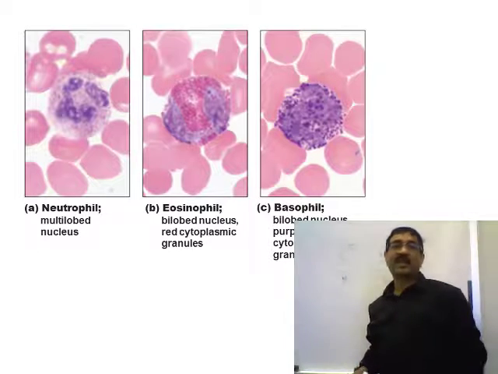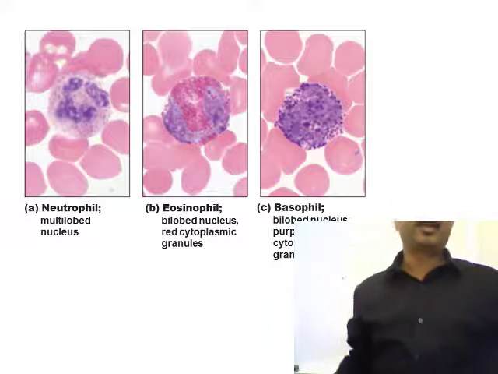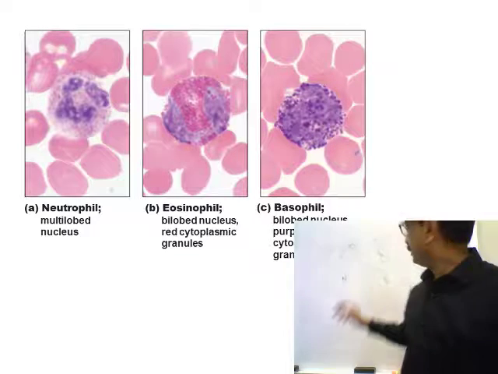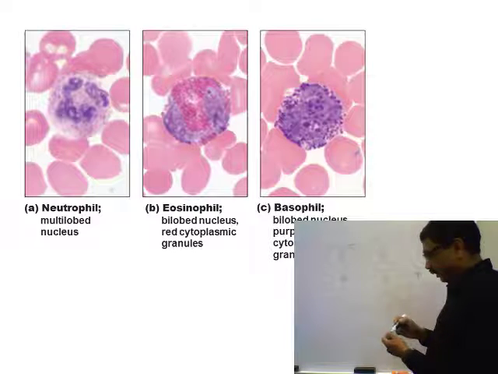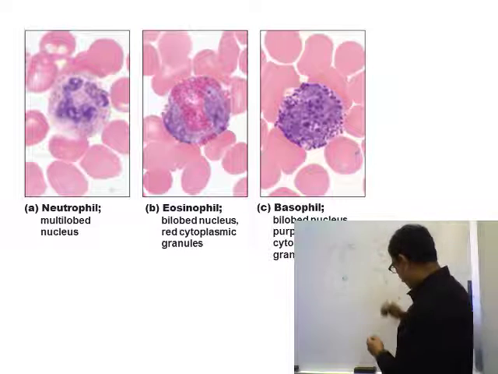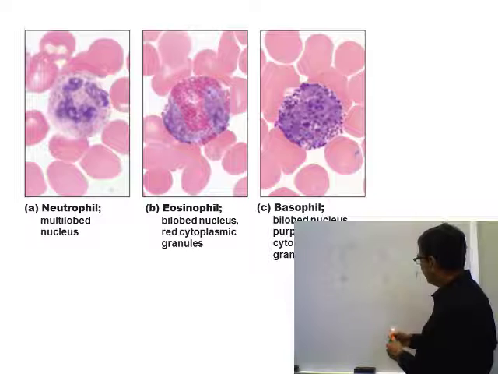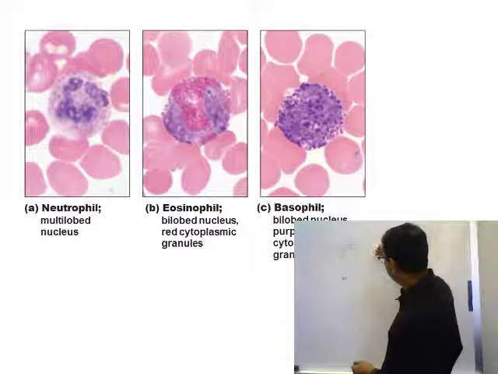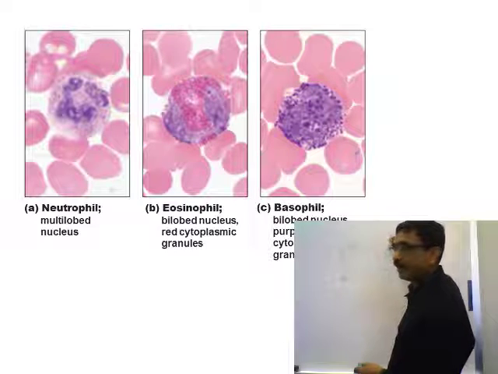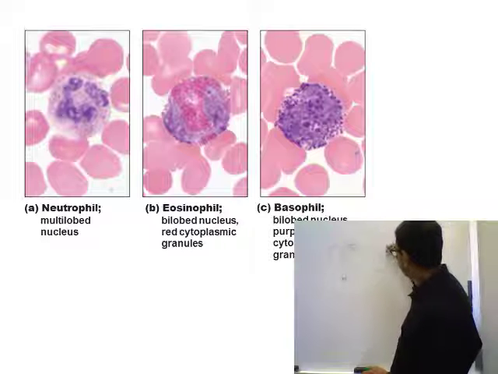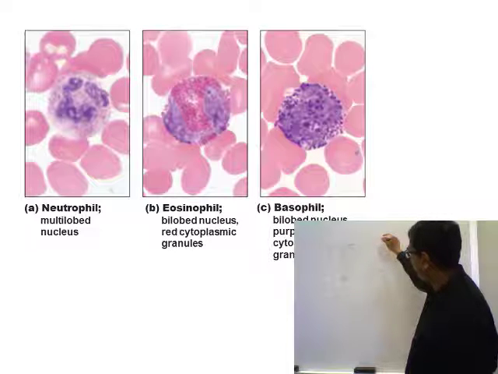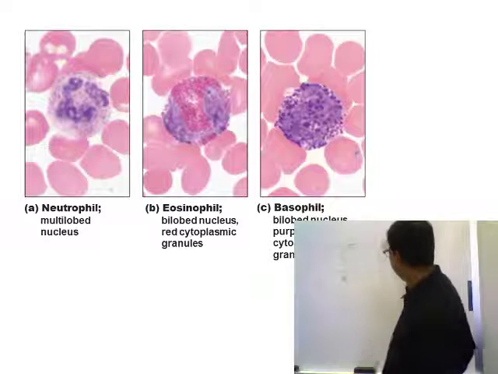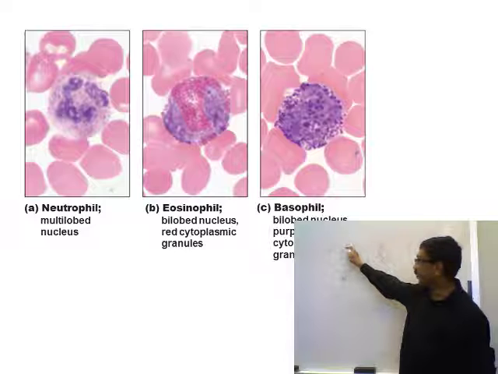Now the question is then how you will identify a basophil and eosinophil. I told you that if you see the granules, in case of eosinophil, the granules are what? Orange or red color. Many granules you will see attached to the nucleus. Nucleus is always purple, so don't get confused with that.